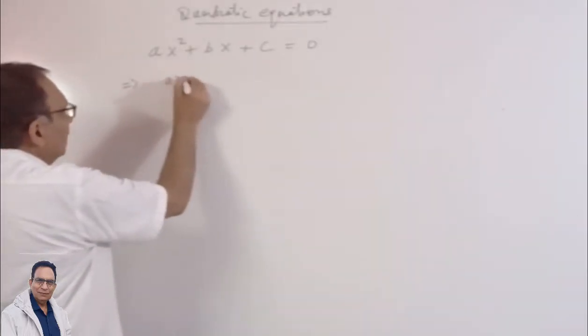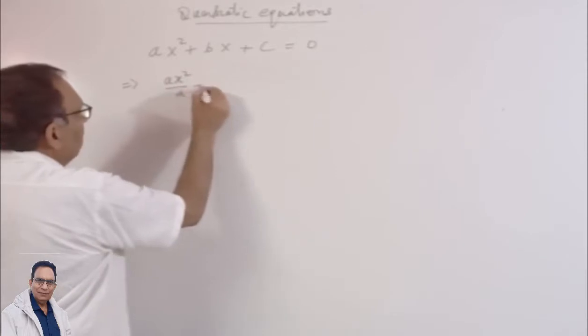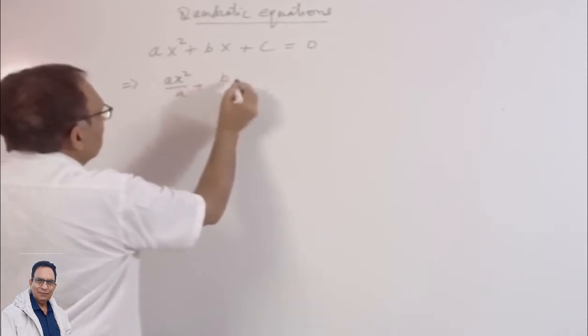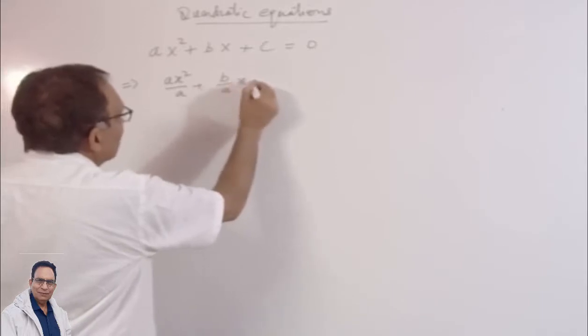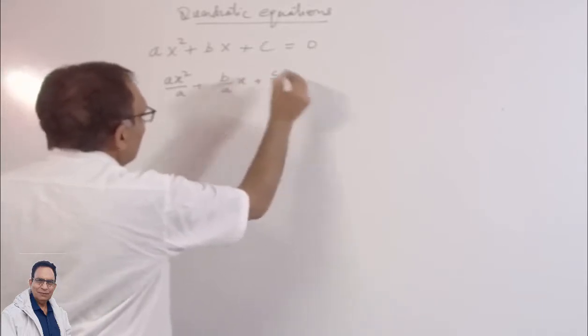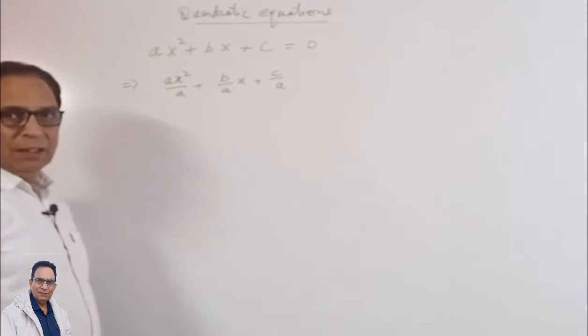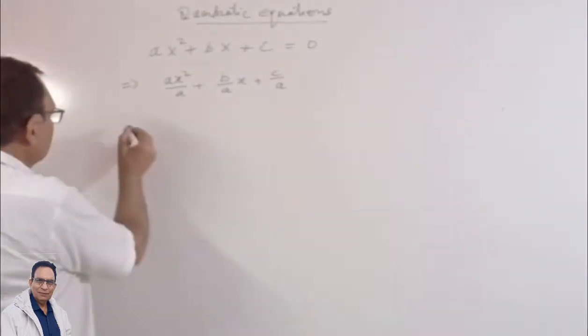So ax square by a plus b over a x plus c over a.